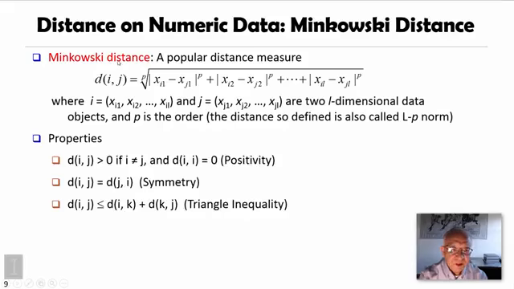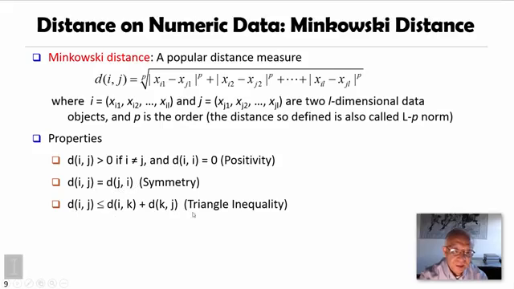The Minkowski distance in general has these properties. The first property is called positivity. It means the distance must be 0 when they are identical, otherwise it is greater than 0. The second property, called symmetry, means the distance between i and j and the distance between j and i should be identical.